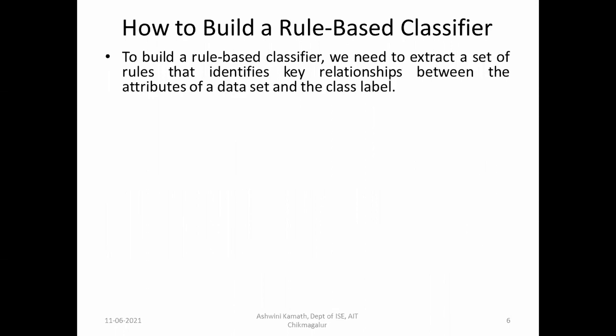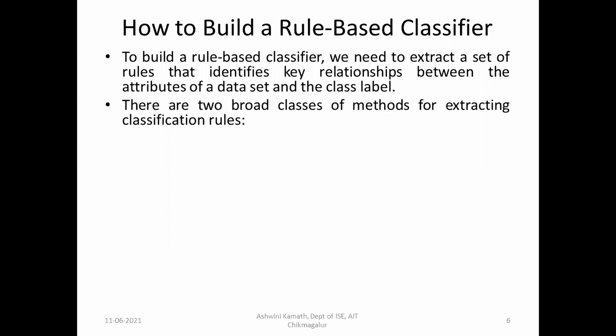How to build a rule-based classifier? To build a rule-based classifier, we need to extract a set of rules that identifies key relationships between the attributes of a data set and the class label. So we have to check the key relationship between the attribute values in the data set and the class label. For what values of attributes we have this class label, that key relationship we have to find.